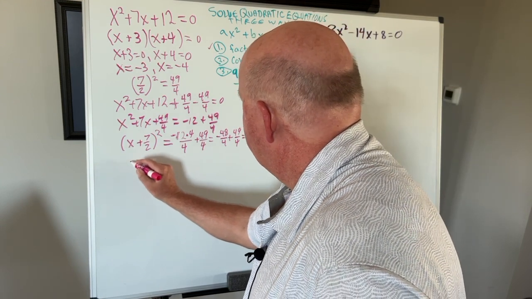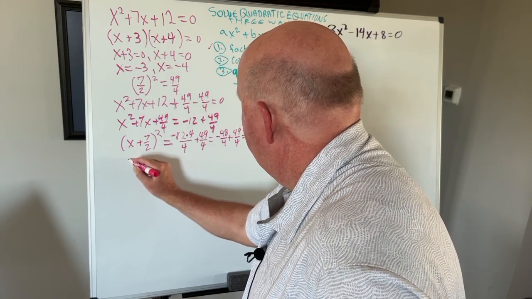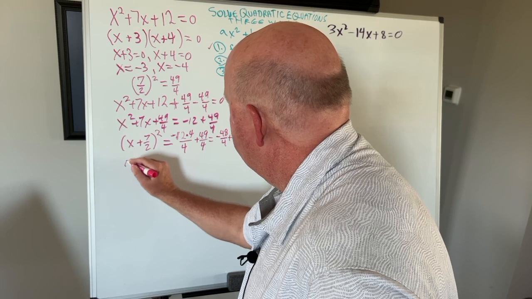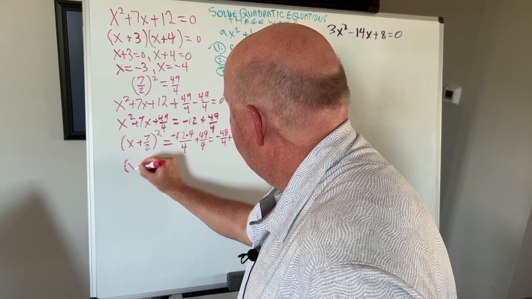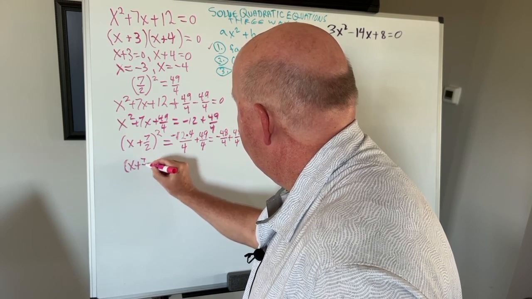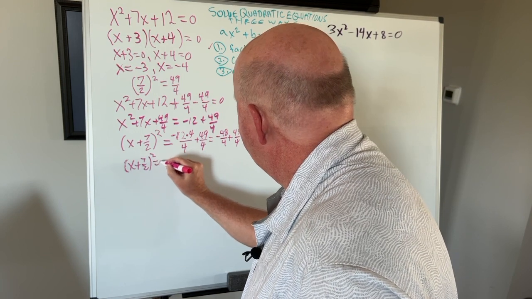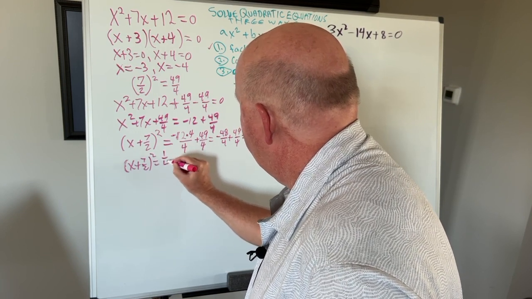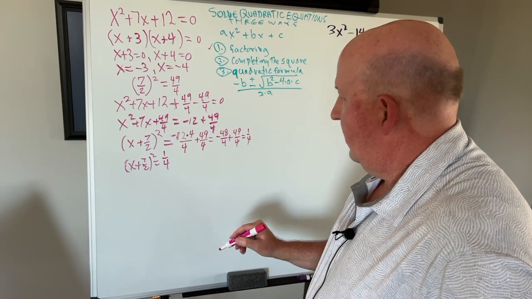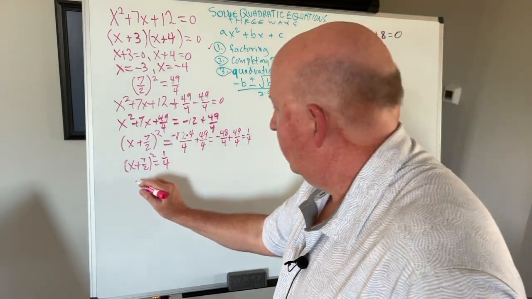Then I'll write it down here: x plus 7 halves squared equals 1/4. So then I'll take the square root on both sides.